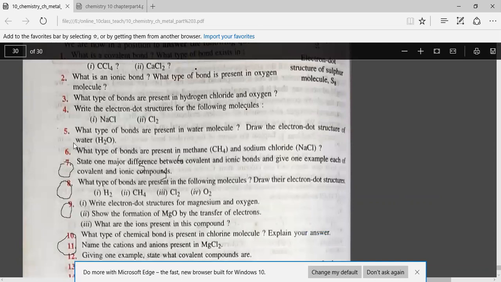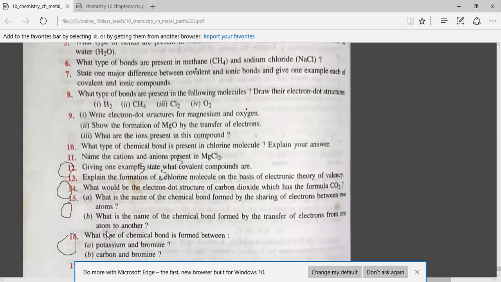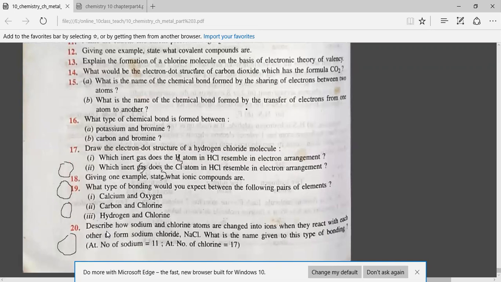Question number 4, 5, 8, and 9. Then 20, and then 19 also.